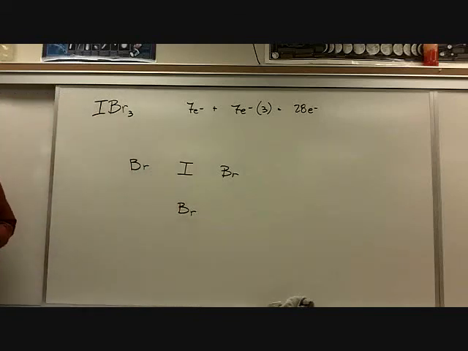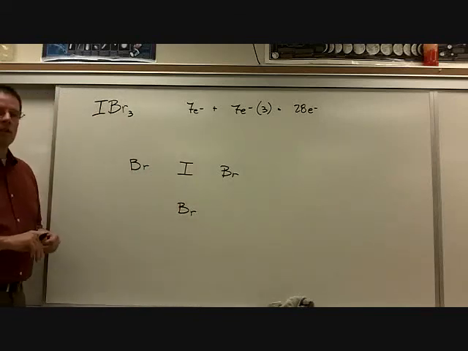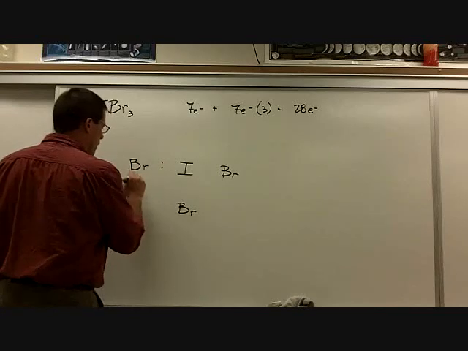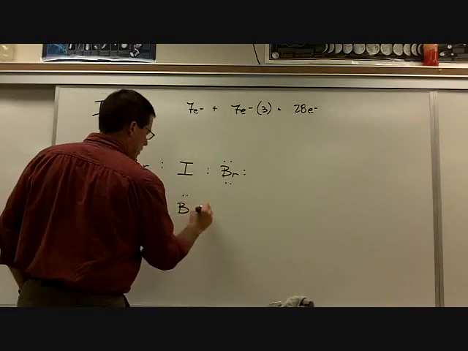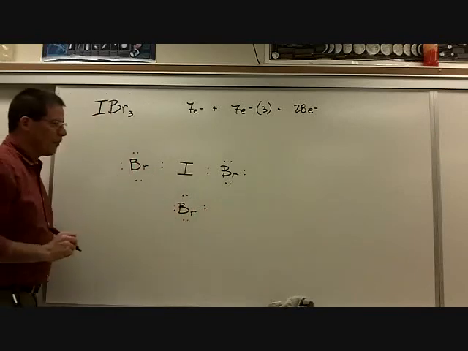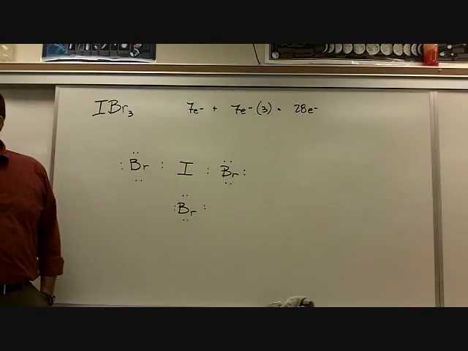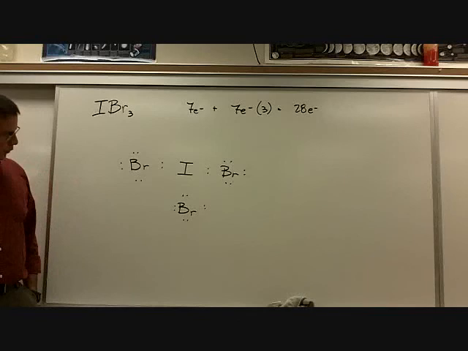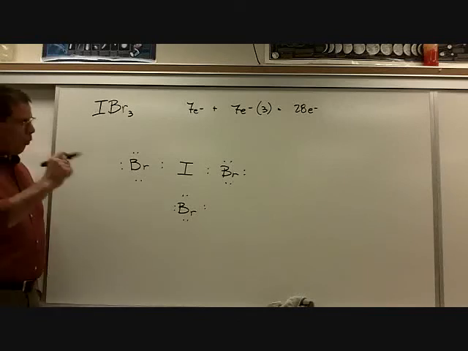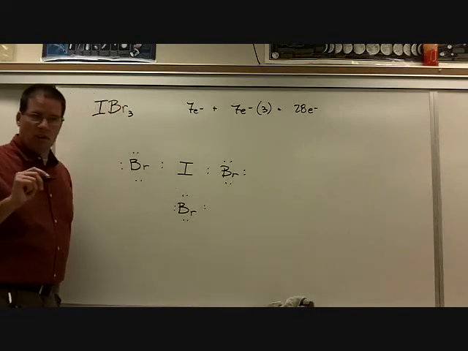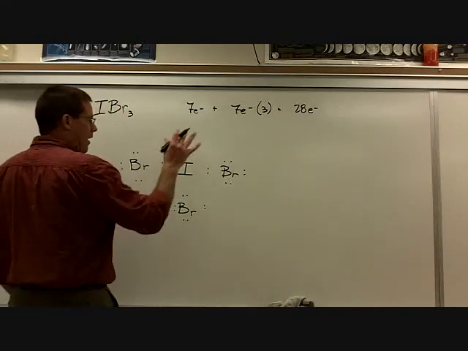What kind of bonds does bromine want to have? Single bond, so work smart here. Give them their 8. How many electrons do I have shown so far? 24. I have to have 28. Now, what I don't want you to do, because it's confusing, we need to add 4 more.